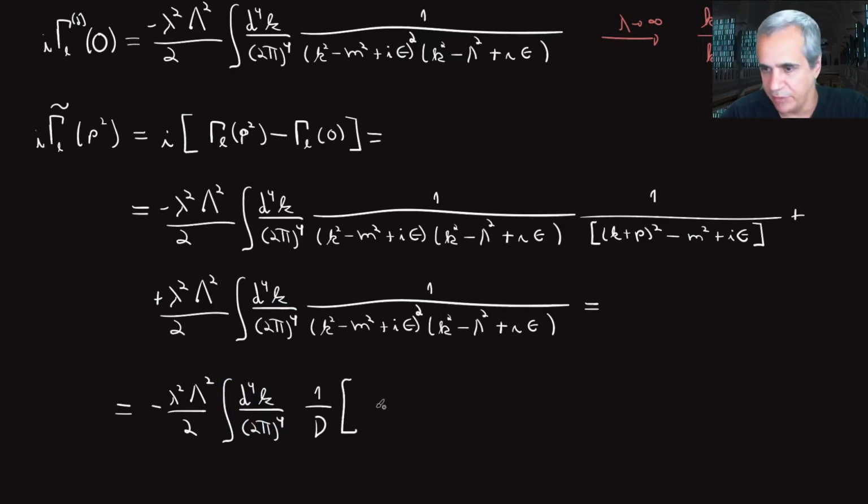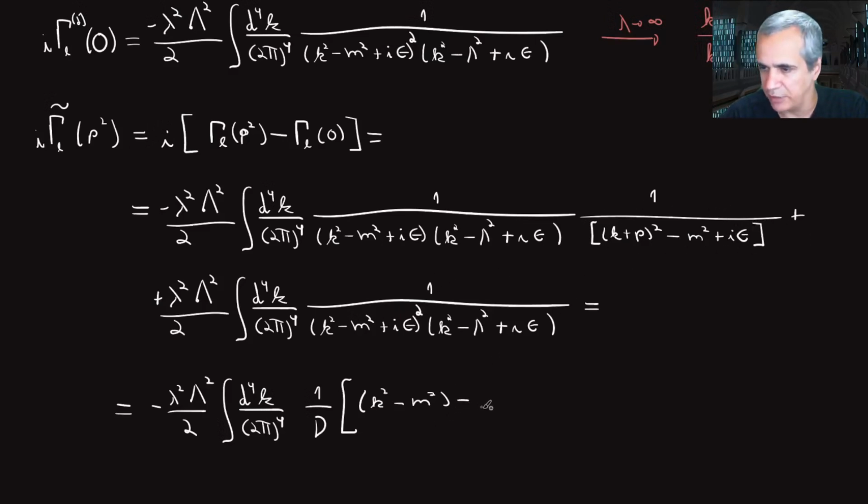And then I have the numerator, which turns out to be, in this case, the extra factor. The first one is a factor of this. It's missing here, so it's just k squared minus m squared. I don't have to keep the i epsilons in the numerator. And in this second part here, what's missing is this guy.